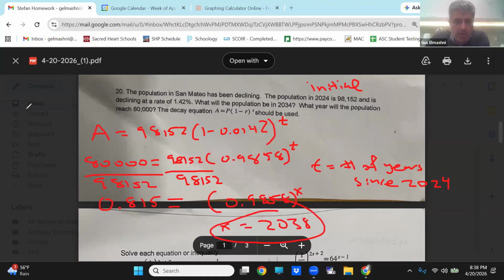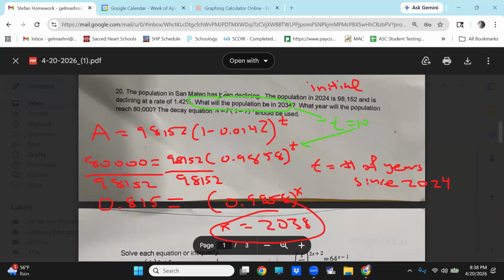Now, I didn't see the other part of the question, and that's just you plug in 10 for x or for t. And you can work that out.